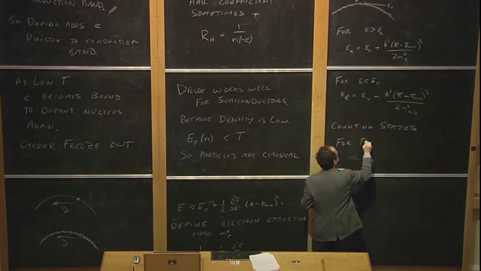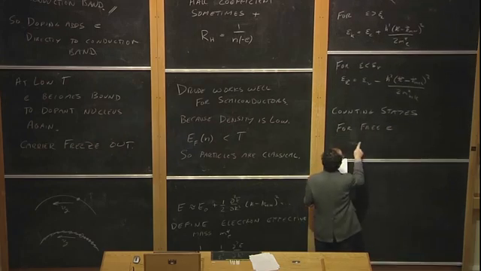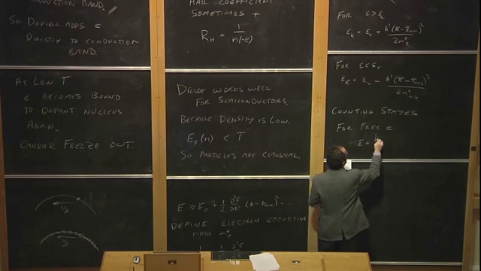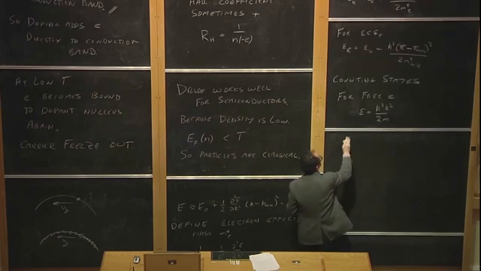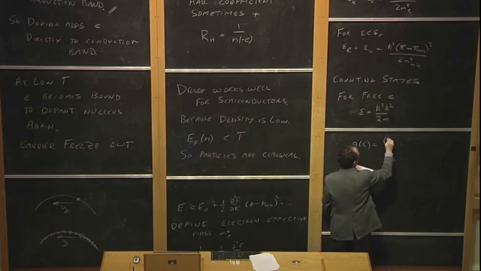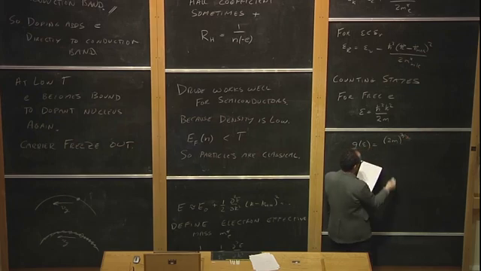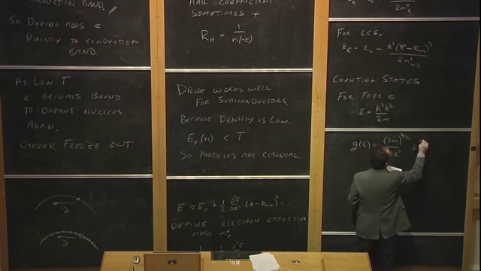For free electrons, our energy was E equals h bar squared K squared over 2m. And the density of states per unit volume, G of E, was given by this expression, which we calculated: 2 m to the 3/2 over 2 pi squared h bar cubed, epsilon to the 1/2.